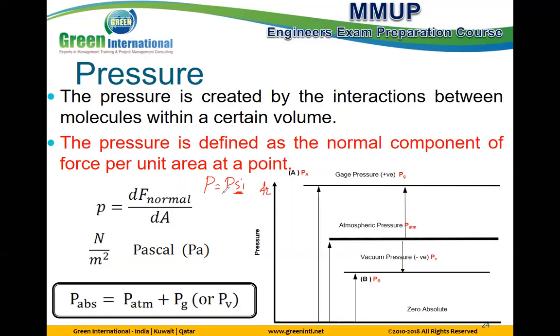So even if it is British, we need to convert from inch square to feet square. It means we need to convert this unit to pound force per feet square. Be careful for the units, please. Okay, I will go through practice problems related to that with you.